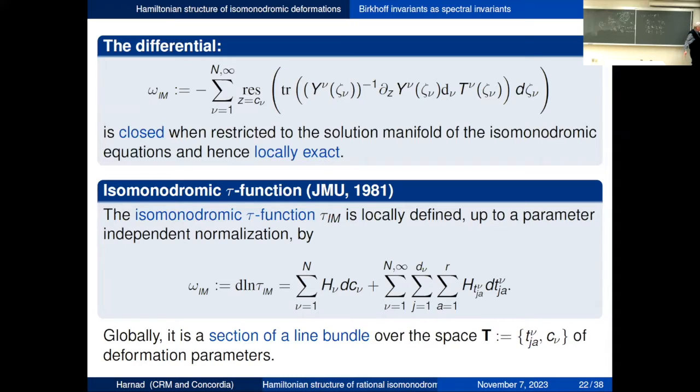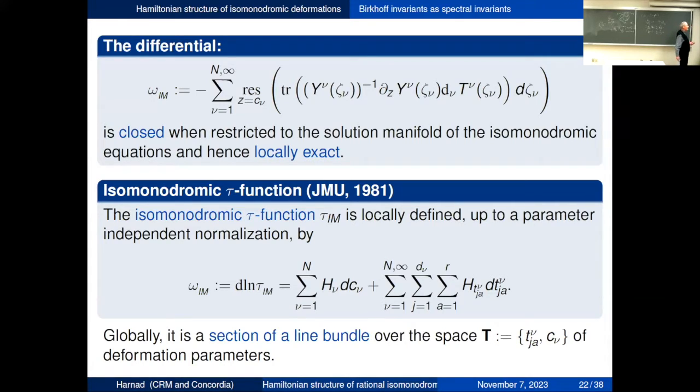That, according to Miwa, is a closed form. Its differential is 0, and it's 0 exactly because all of the Hamiltonians commute. And it's the differential of what we call the logarithm of a tau function. That's where the tau function appears. Its coefficients in terms of all of the deformation parameters are the Hamiltonians that drive the system.